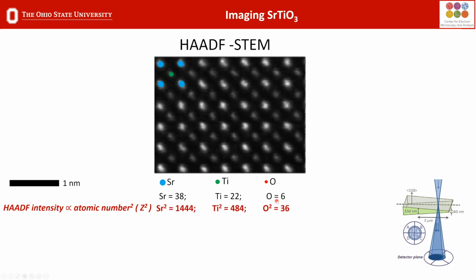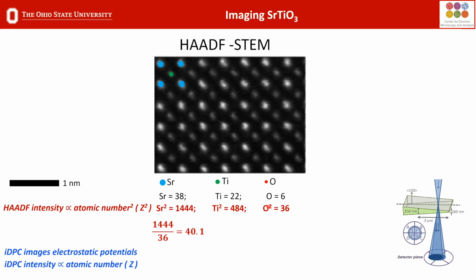So if we square those, we have a contrast value for strontium at 1444 and a contrast value for oxygen at 36. Well, so when you look at that as a contrast ratio, we have a contrast ratio of 40. This is an enormous value. Most detectors, it's hard to have that level of dynamic range. Now, the HAADF detector does possess that dynamic range, but we talked about this. The HAADF is a highly scattered electron. It's out to a high angle.